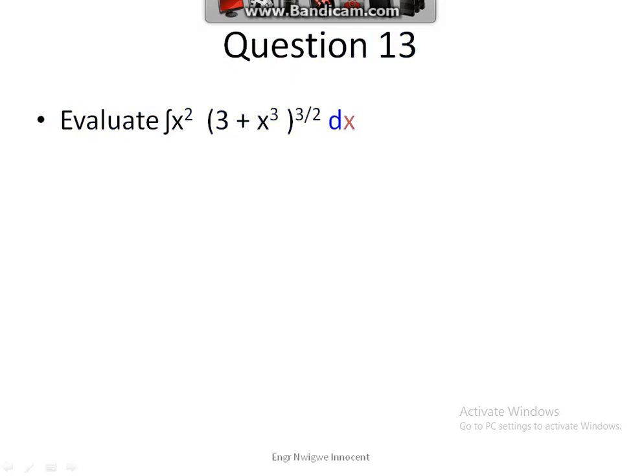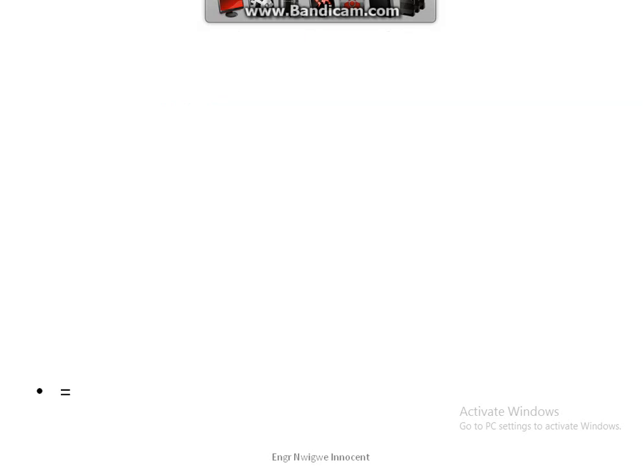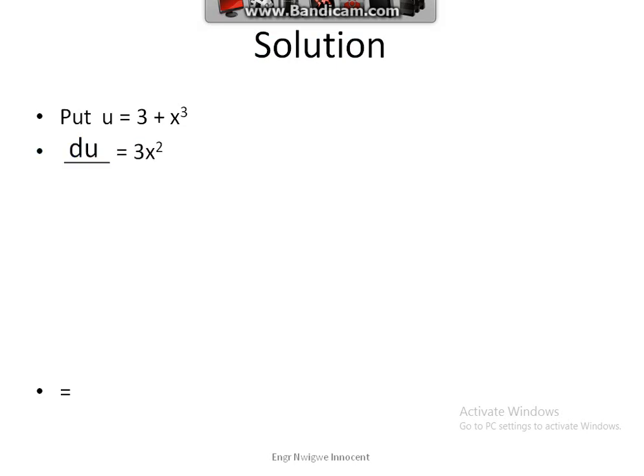Question 13. Evaluate the integral of x squared in bracket 3 plus x raised to the power 3 in closing bracket raised to the power 3 over 2 dx. Solution. Put u equal to 3 plus x raised to the power 3. du over dx is equal to 3x raised to the power 2.